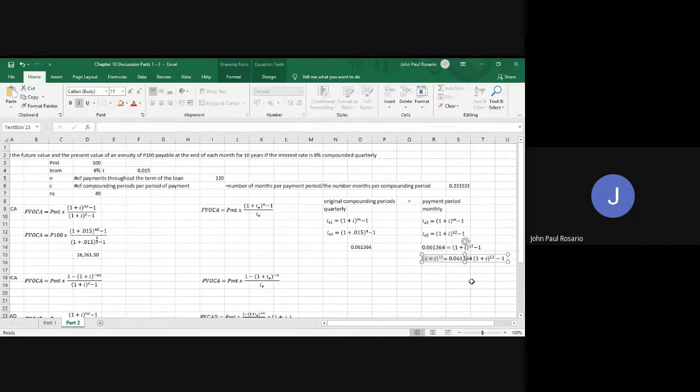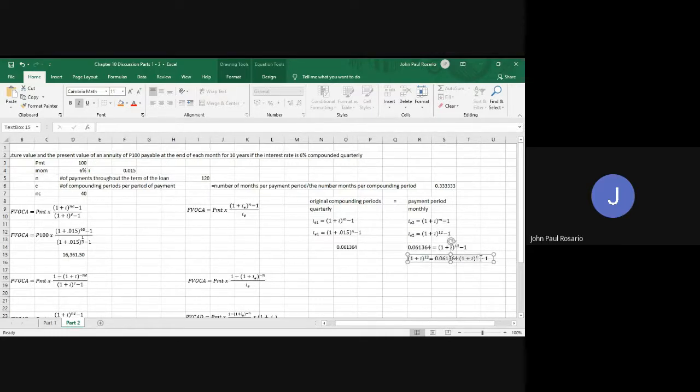Let me just copy this again. Why did it become 1.061364? Remember that we transferred our minus 1 to the other side, so it now becomes 1 plus 0.06, thus the 1.061364.